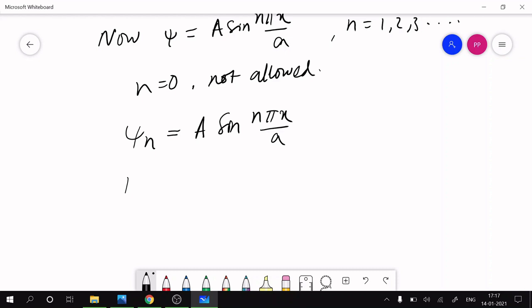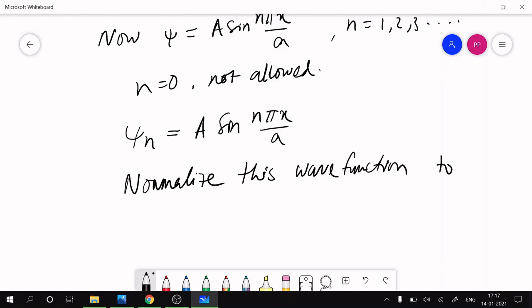We can normalize this wave function to get the value of A, which, after doing a simple integration, is the square root of 2/a.